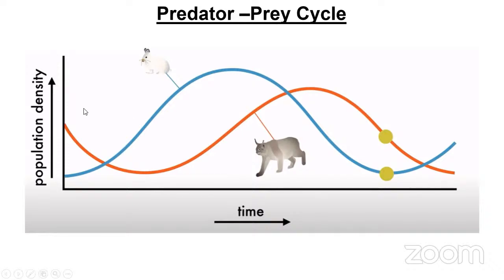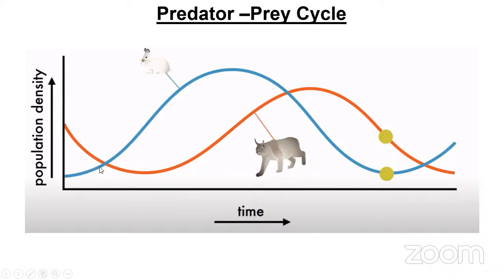If we see that predator-prey cycle carefully, you can see that when there is a high number of predators, there will be fewer prey, and when there is a high number of prey, there will be fewer predators.